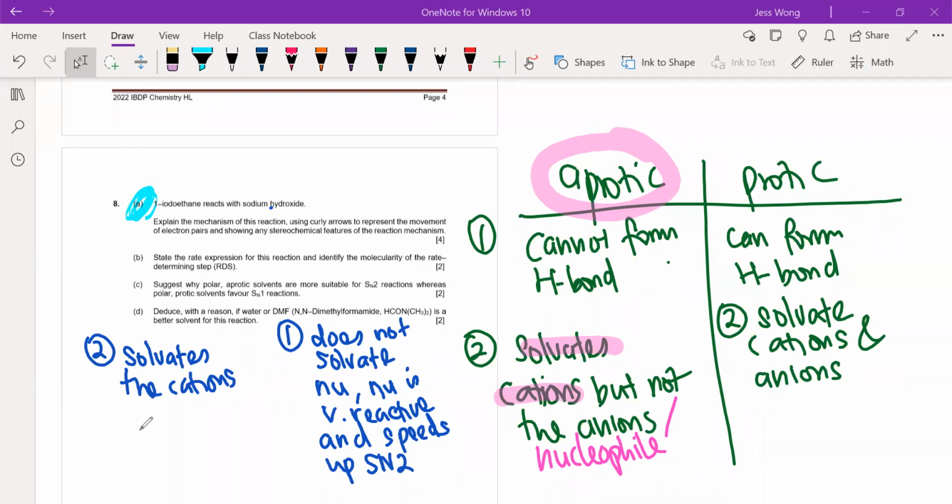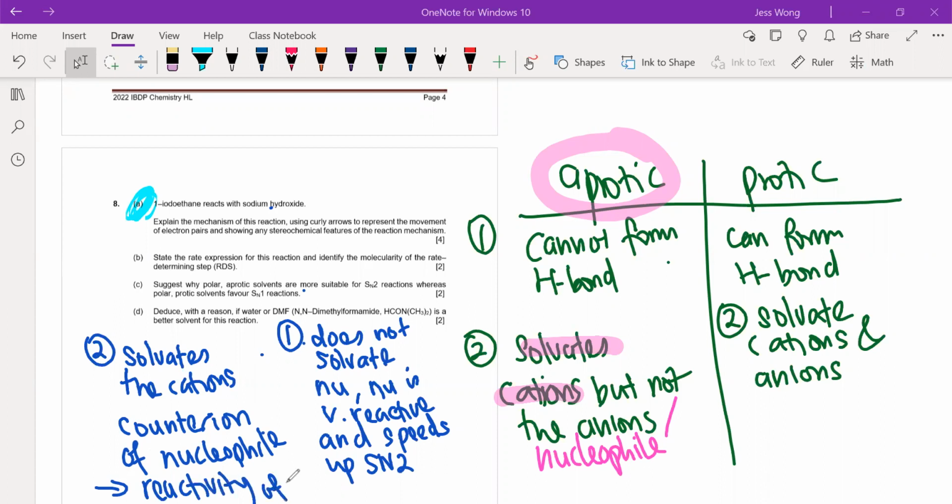So it solvates the cations, which is the counter ion of the nucleophile. And since it can solvate the counter ion of the nucleophile, it will help to form the nucleophile more readily. So therefore, the reactivity of the nucleophile is very high.